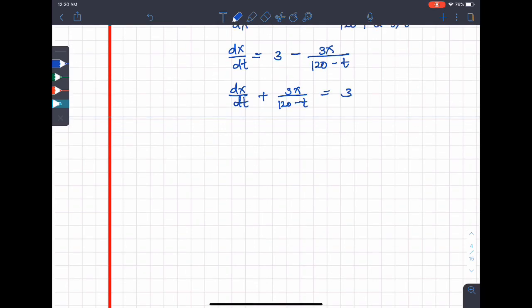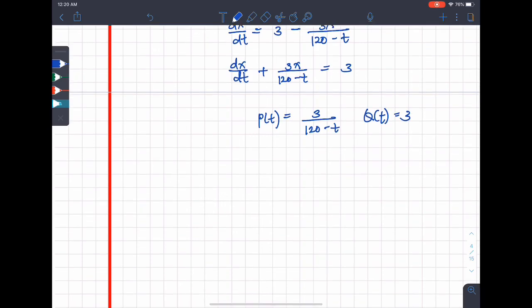So our P(t) is 3 over (120 minus t), and our Q(t) is equal to 3. And thus our integrating factor mu(t) would be e raised to the integral of P(t), so I could just move out the 3, and then dt over (120 minus t).